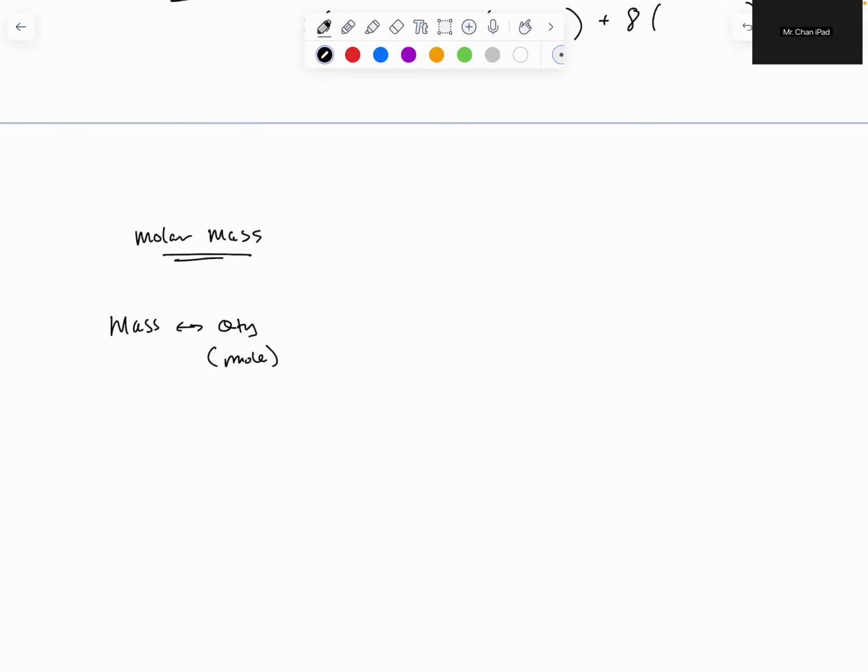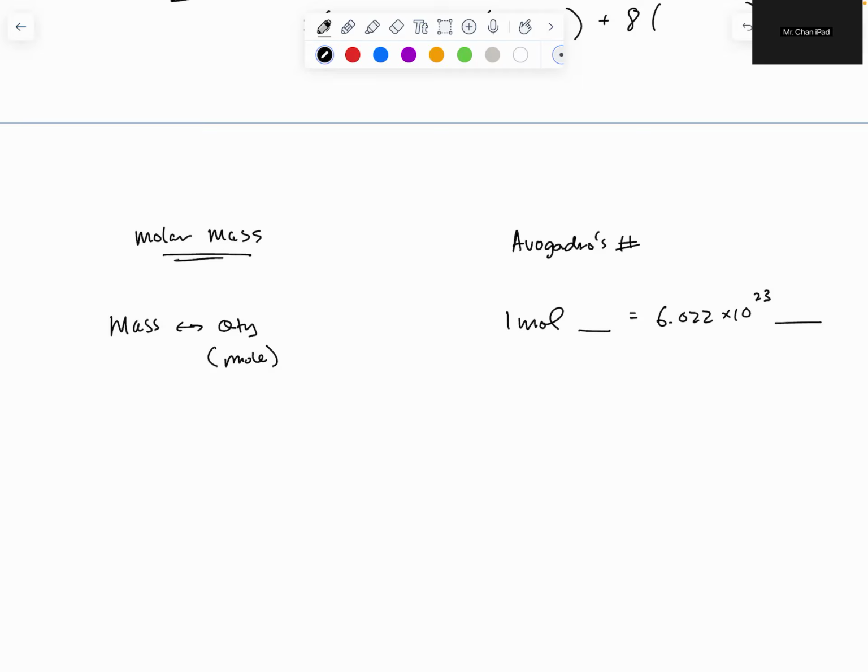The other ratio is your Avogadro's number. Okay, Avogadro's number, which is what? That somebody figured out, which I wrote earlier, that 1 mole of anything is equal to 6.022 times 10 to the 23rd of whatever thing that you would like to say.